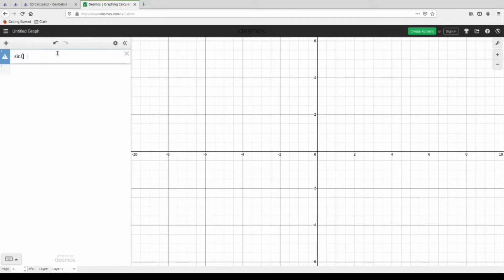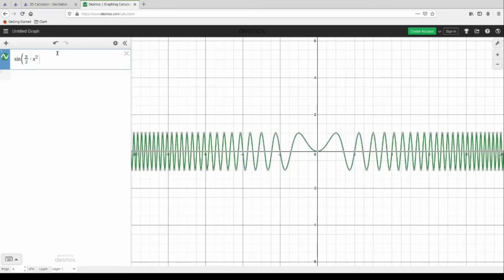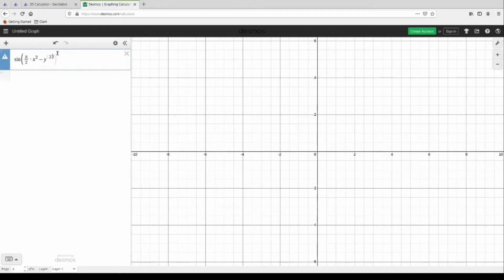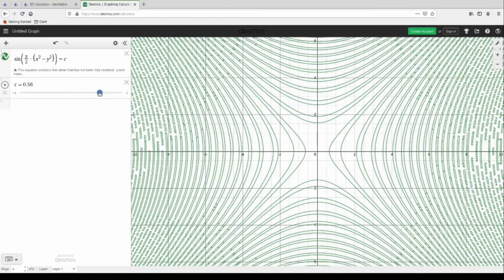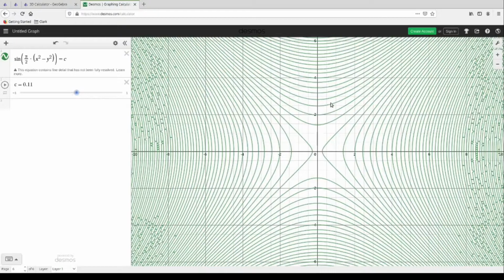If we do sine of pi over 2 times x squared minus y squared equals c, and we'll go from -1 to 1, because that's the range of this function, you can see a clear plot of the level curves of this function. And the level curves of this function are exactly hyperbolas.